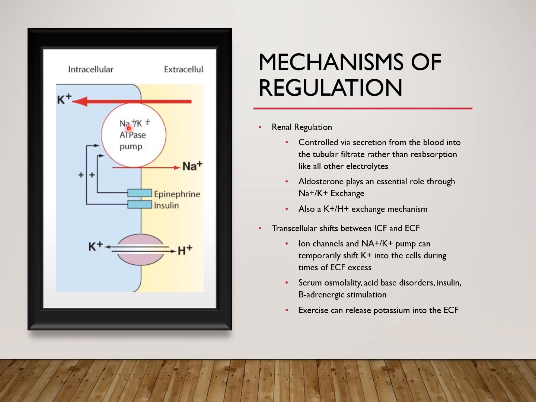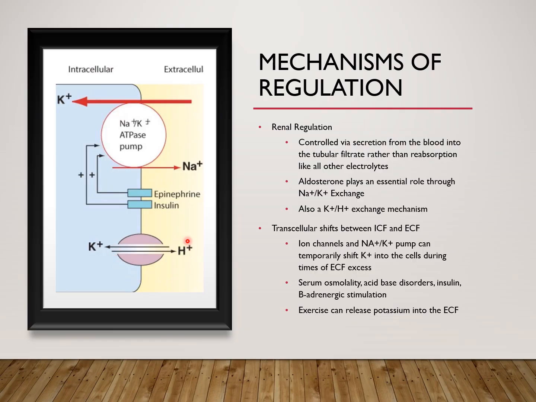We can also see the sodium potassium pump contribute to moving some potassium across. And we can also see some of these channels open that will allow this sort of exchange at the cellular level of potassium and hydrogen ions as well, where a potassium ion moves into the cell, and we move a hydrogen ion out.